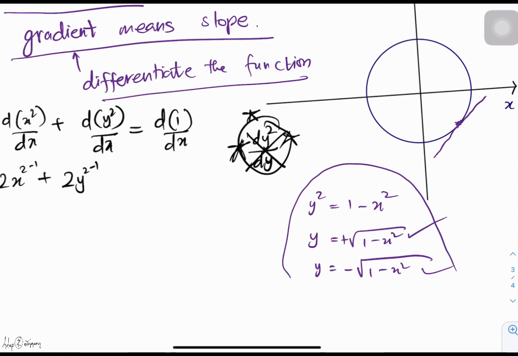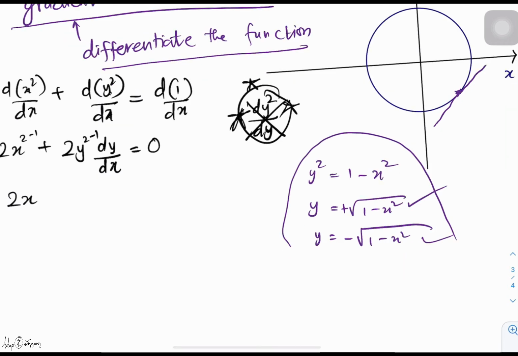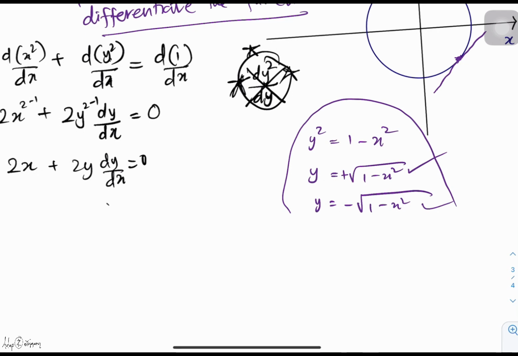When you are differentiating with a different variable, the difference is you just need to mention dy over dx. So you just have an additional mention, that is dy over dx. Now the differentiation of a constant is 0. So 2x raised to 1, plus 2y dy over dx, equals 0. Now try to isolate dy over dx.